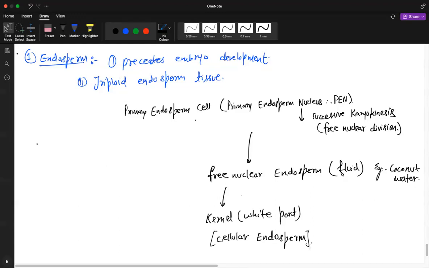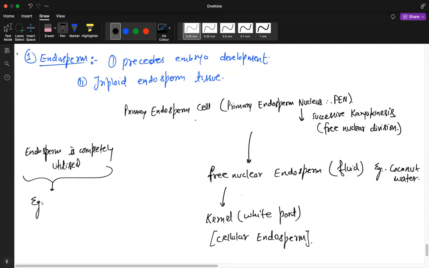Okay, so write down, in some plants, the endosperm is completely utilized or eaten up.